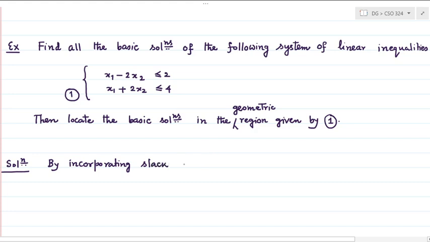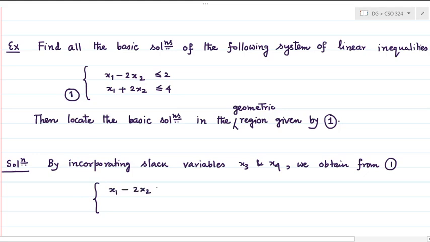So by incorporating slack variables x3 and x4, we obtain from 1, which is equivalent, that x1 minus 2x2 plus x3 is equal to 2, x1 plus 2x2 plus x4 is equal to 4.